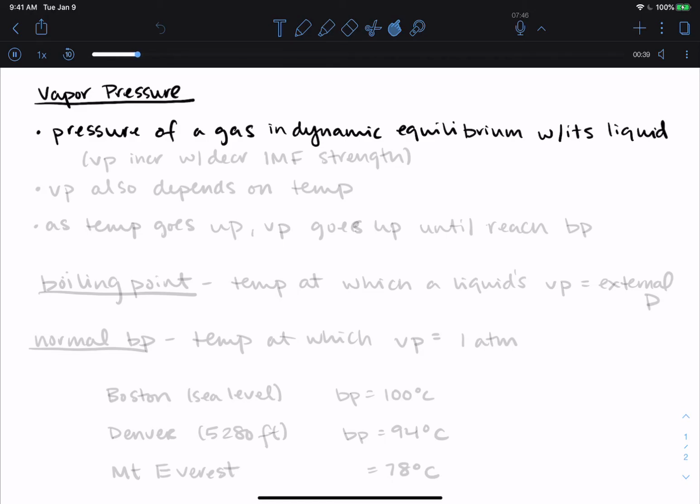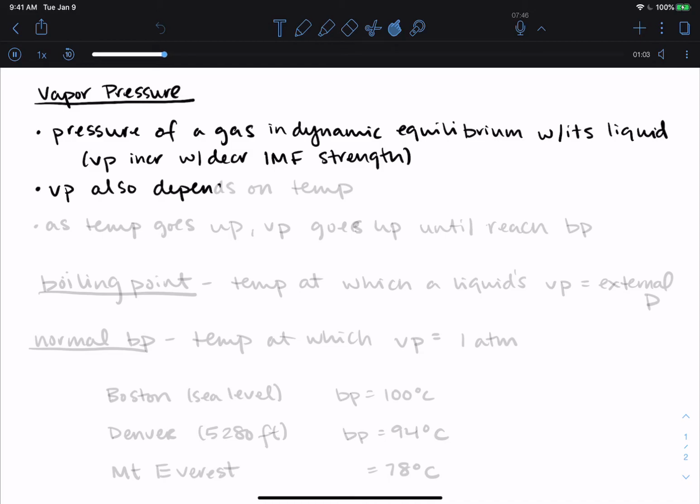So we have had a trend, right? Vapor pressure increases with decreasing IMF strength. The vapor pressure also depends on temperature, not surprisingly. Right?